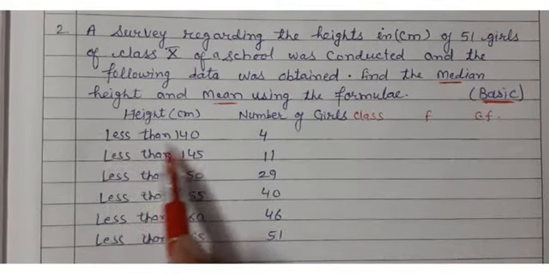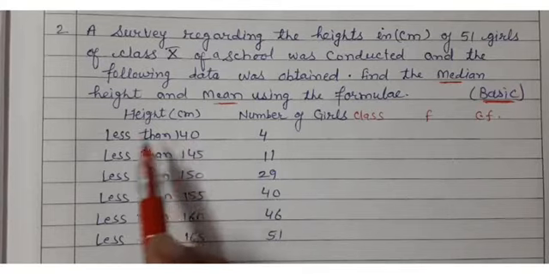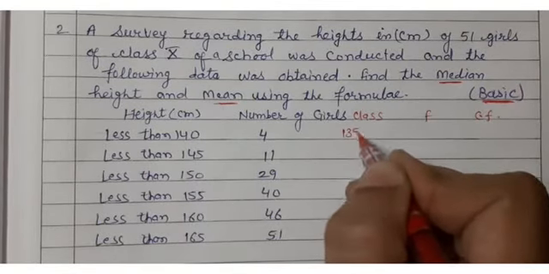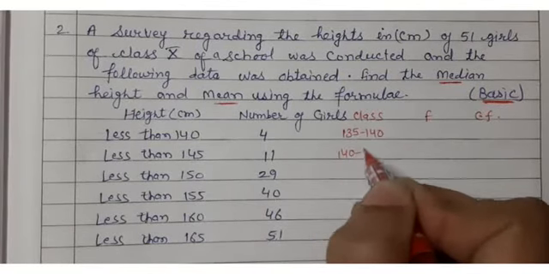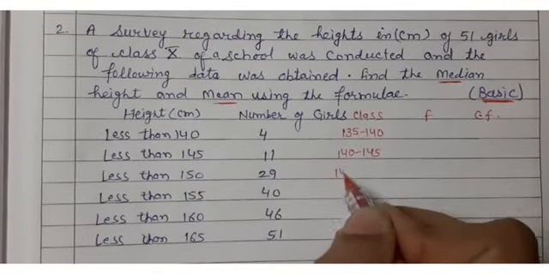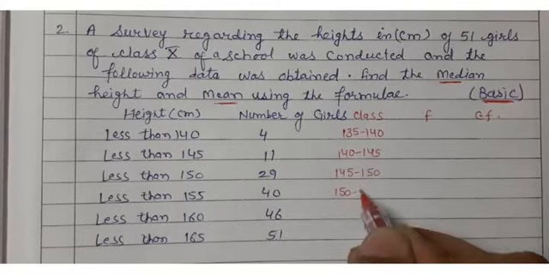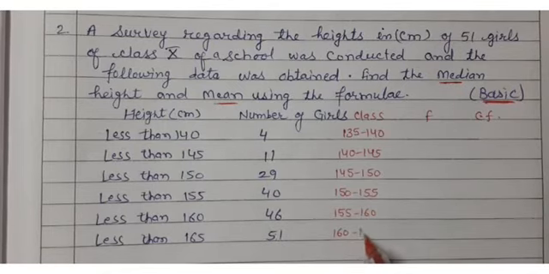Here less than is given to you, and the upper limit is 145, so the classes will start from 135 to 140, then 140 to 145, 145 to 150, 150 to 155, 155 to 160, and 160 to 165.